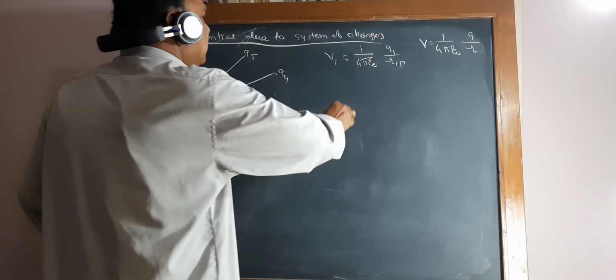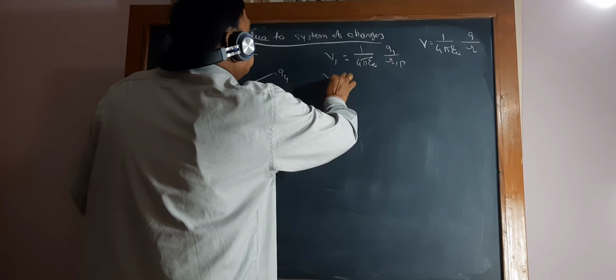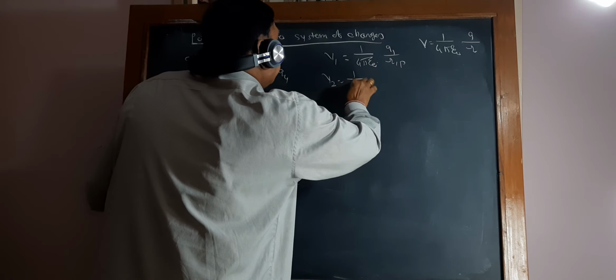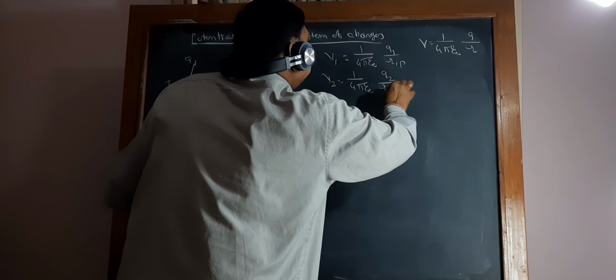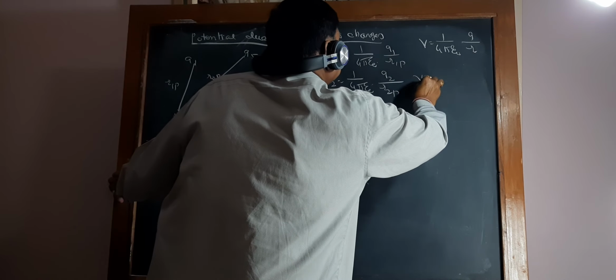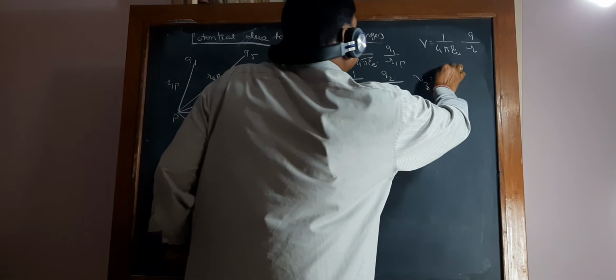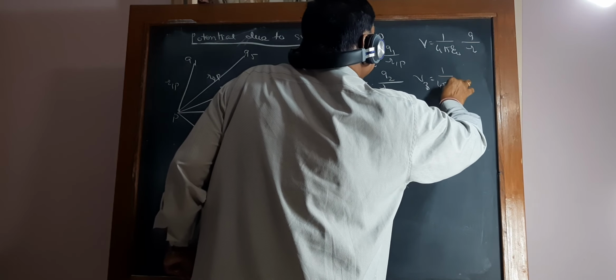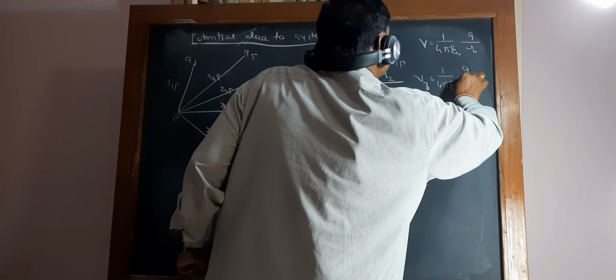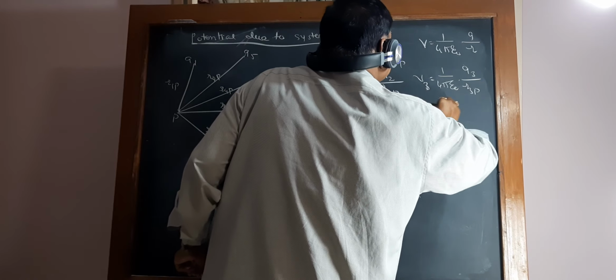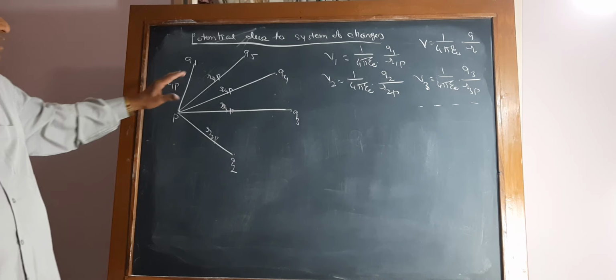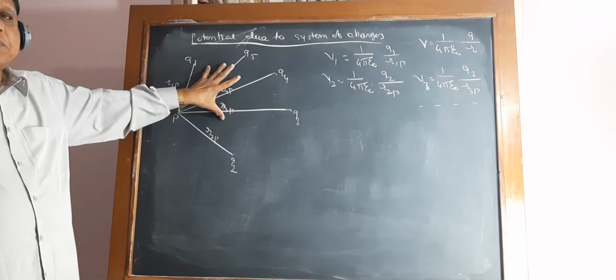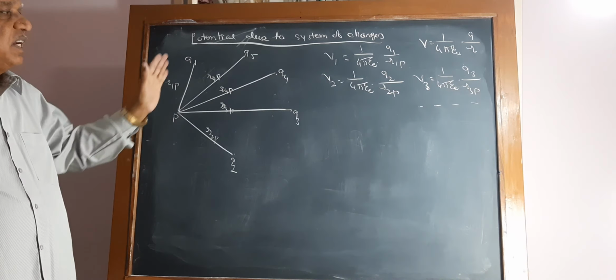Similarly, you can write for V2, 1 upon 4 pi epsilon 0 Q2 upon R2P. V3 equal to 1 upon 4 pi epsilon 0 Q3 upon R3P, and so on. If so many charges are there, then we can write in this way.